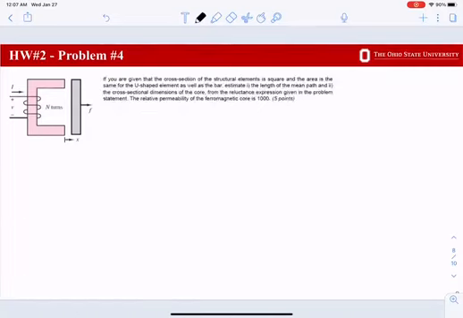Okay, let's move on. Here, we are given that the cross-section of the structural elements is a square, and we have to get the length of the mean path and the cross-section dimension of the core, right?